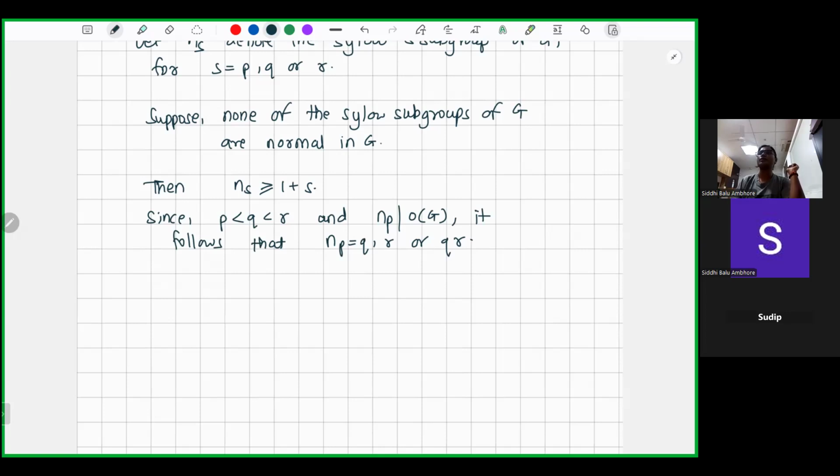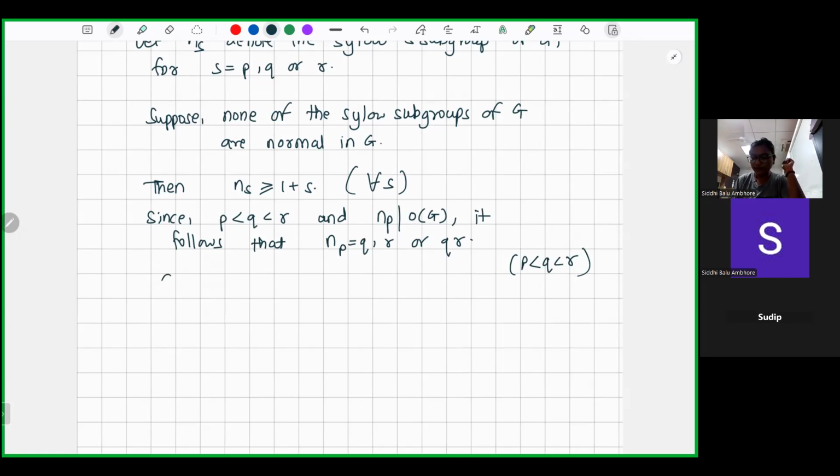So this NP must divide the order of G. But this NS is greater than or equal to 1 plus S for all S. Then NP must be equal to Q or R or QR, because P is less than Q less than R.